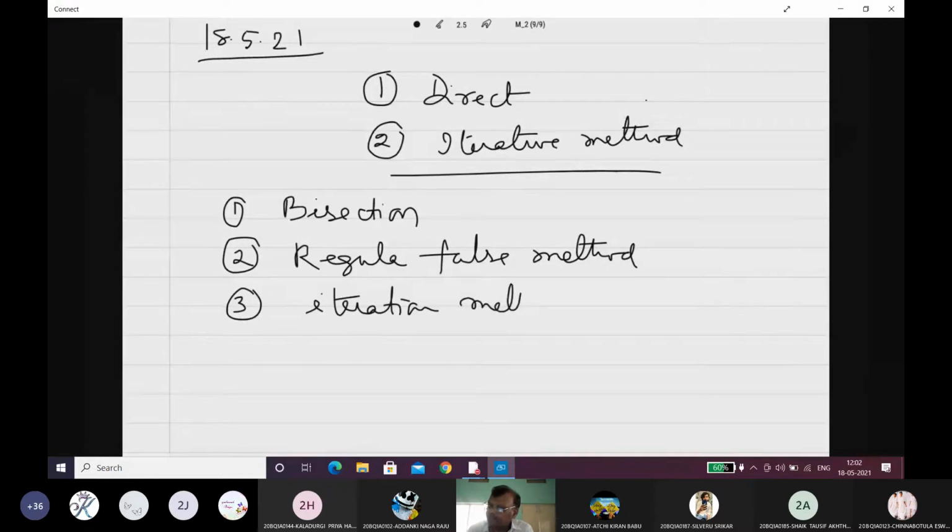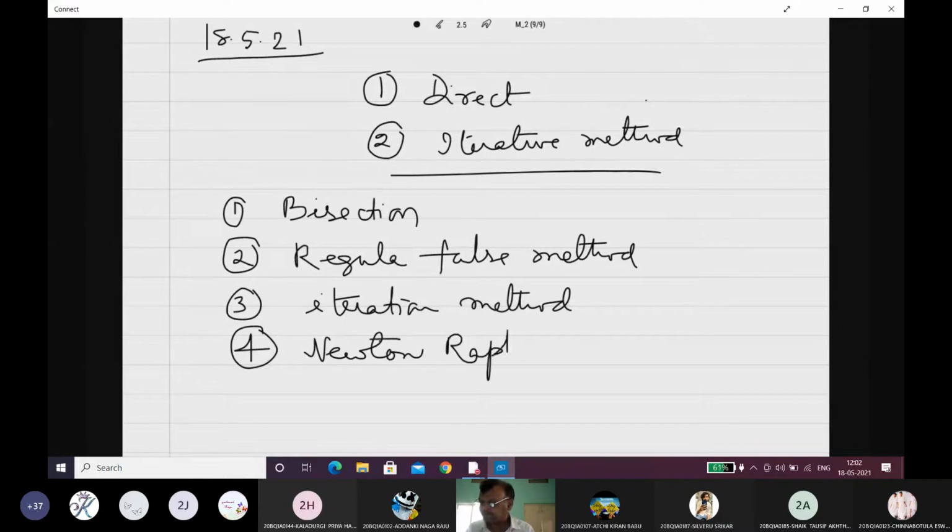And the fourth one, what is the fourth one? Anyone? Newton-Raphson method, or simply Newton's iterative method.